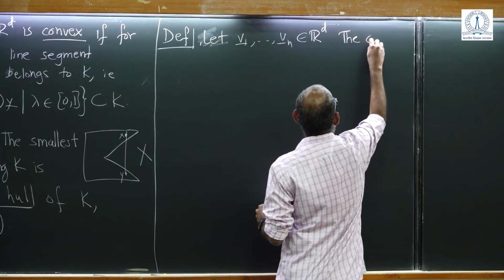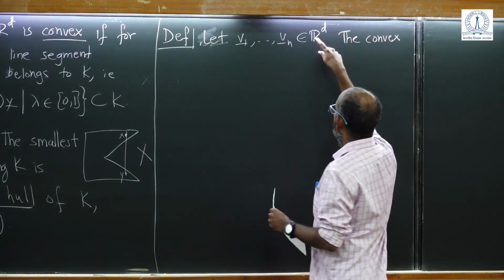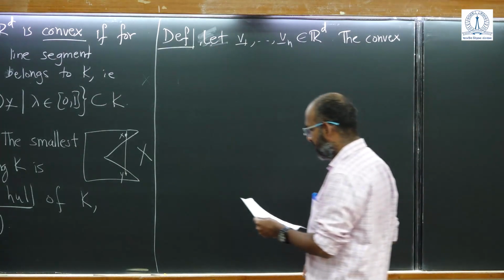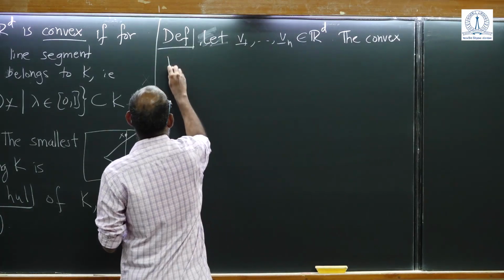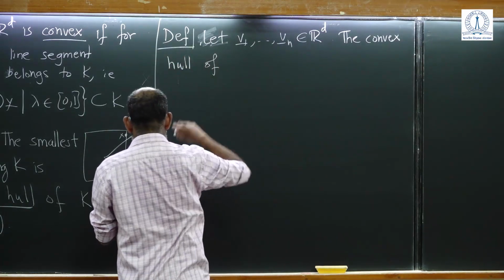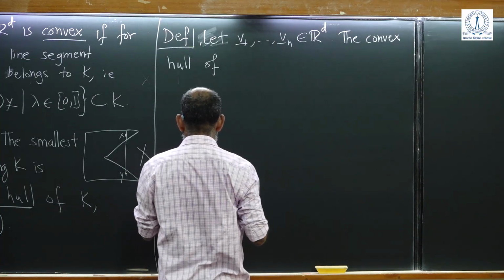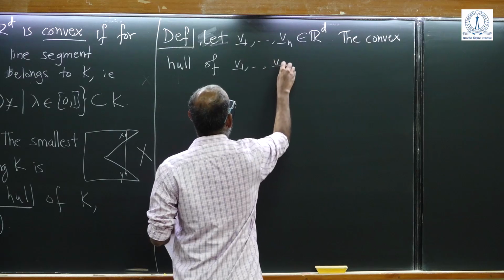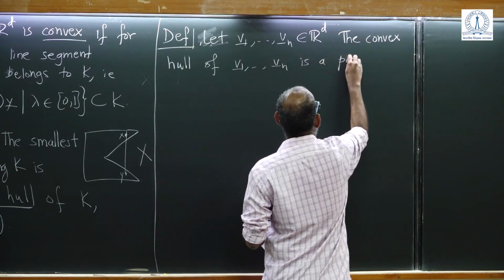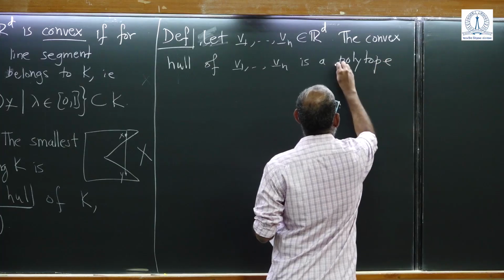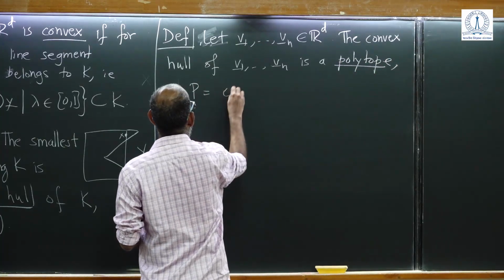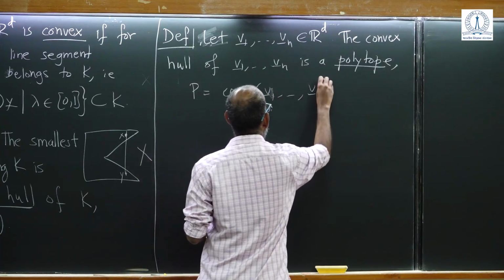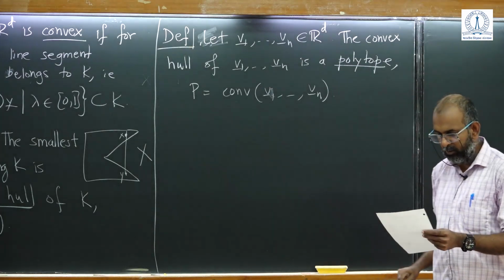The convex hull, and it's important that we have only finitely many vectors, of v1 to vn is a polytope. So P is conv of v1 to vn. Okay. So let's do some examples.